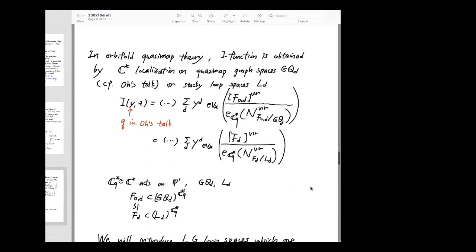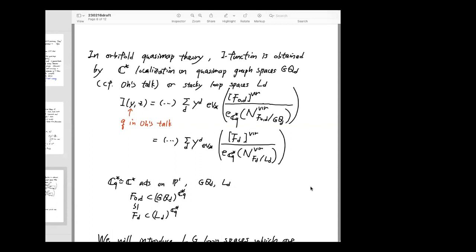So recall that in the June 6th talk, in orbifold quasimap theory, the I function is obtained by C star localization on quasimap graph spaces, denoted by QG_D, where D is some effective class. There's a particular component of the fixed locus.